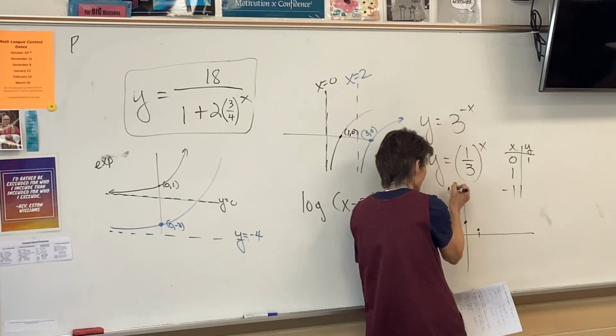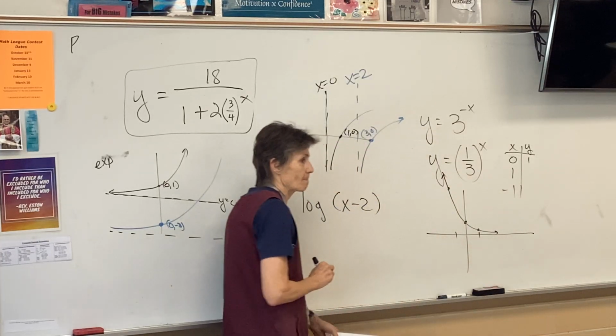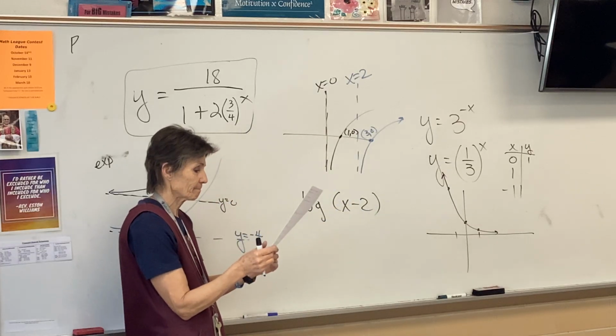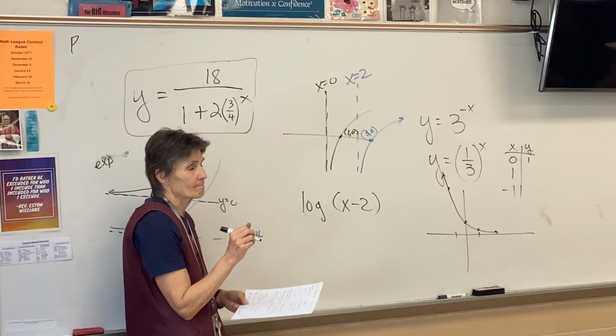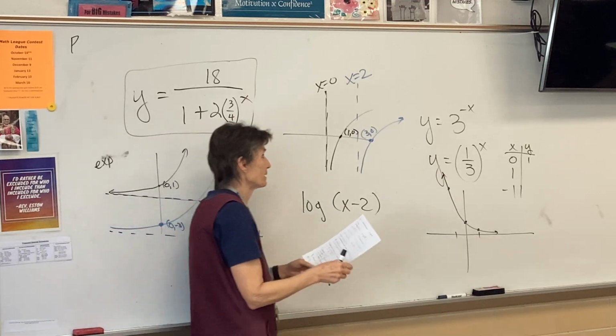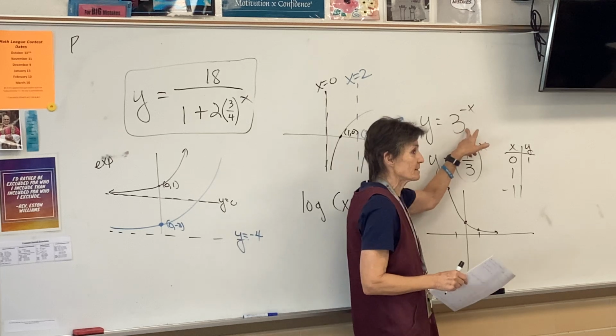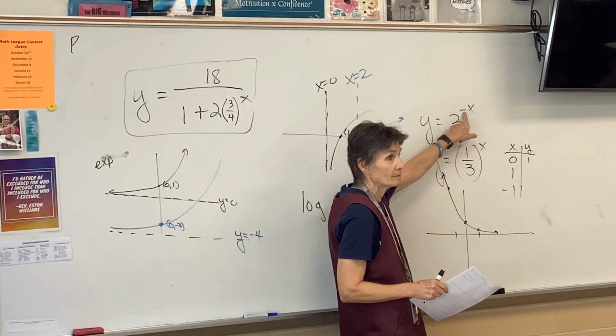I get 3. Are we seeing decay? Yes. Don't be tricked. If you just looked at this and saw that 3, you might think it was growth. You gotta pay attention to that, right?